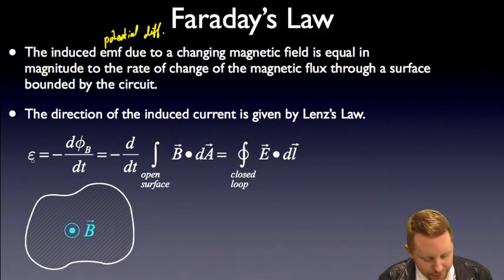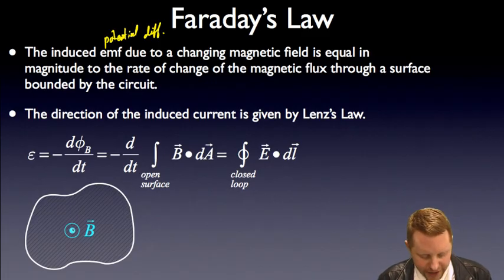So, in mathematical terms, the induced EMF is equal to the opposite of the change in the magnetic flux as a function of time, which is equal to the opposite of the rate of change with respect to time of the integral of B dot dA over an open surface, which is equal to the integral over the closed loop of the electric field dotted with dl, where the closed loop bounds this open surface.